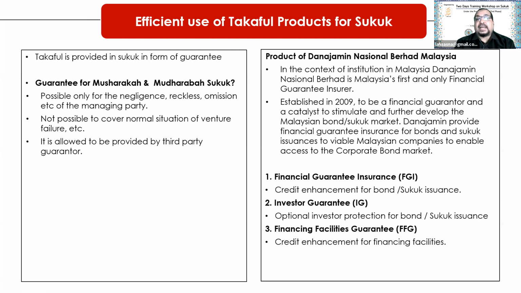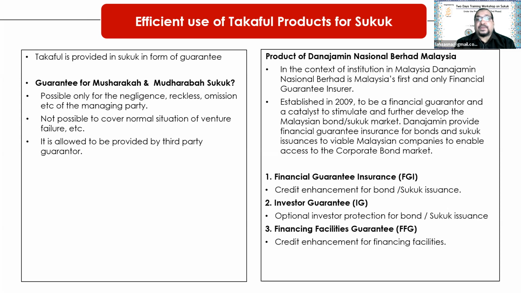It was established in 2009 to be a financial guarantor that provides guarantees for sukuk and bonds, and also provides financial guarantee insurance for bond and sukuk issuance in Malaysia.